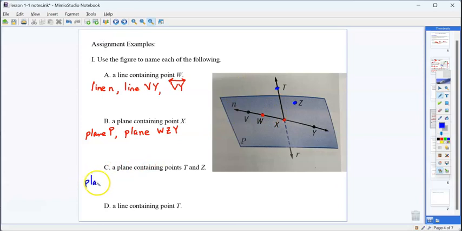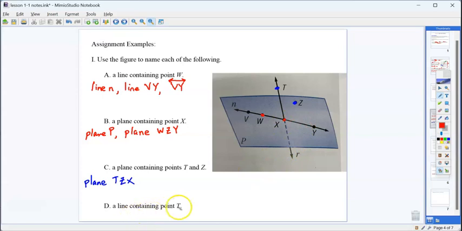So we could say a plane, even though it's not this given plane called P, it would be a different plane because T isn't on plane P, but we can make up any plane. A plane is made up of 3 non-collinear points, so we could say T, Z, and X. Or if you wanted to, T, Z, and W, those are non-collinear. Any 3 non-collinear points.